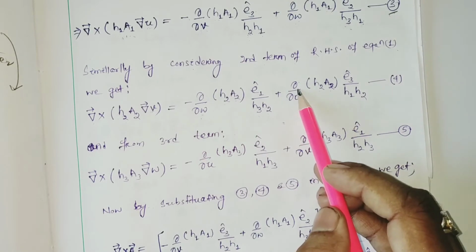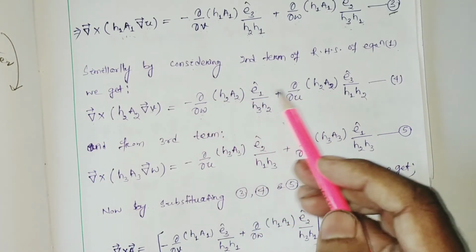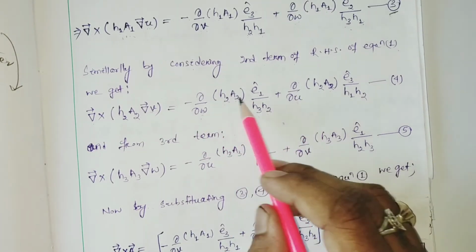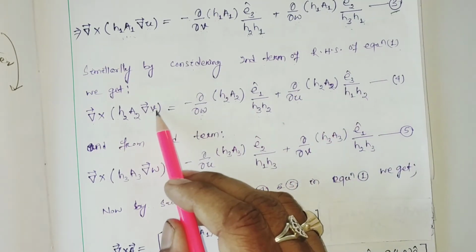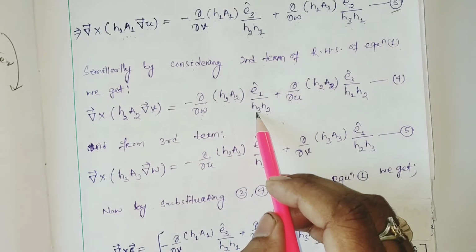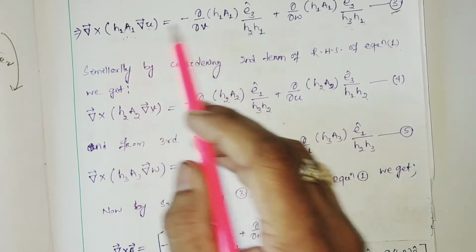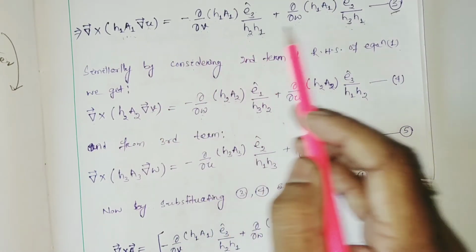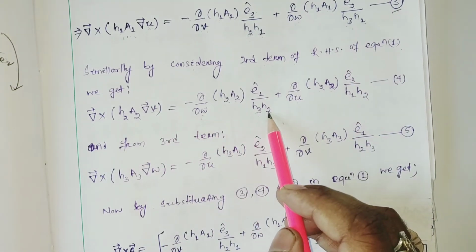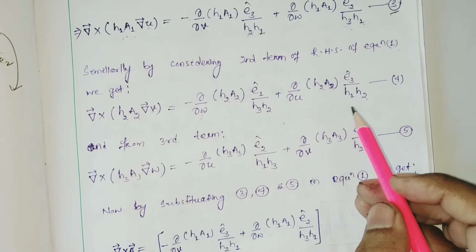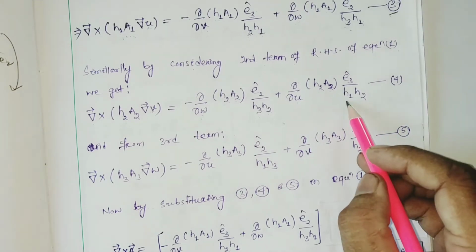Then the second one after W will be U, so del by del U of H2 A2. So here V is there means H3 H2, then H1 H2.